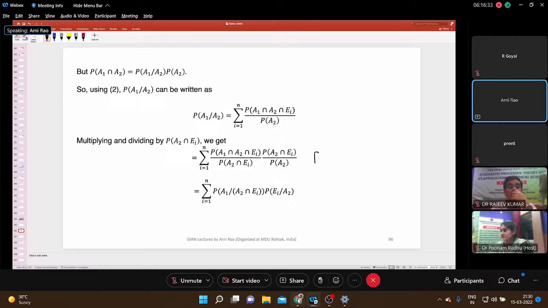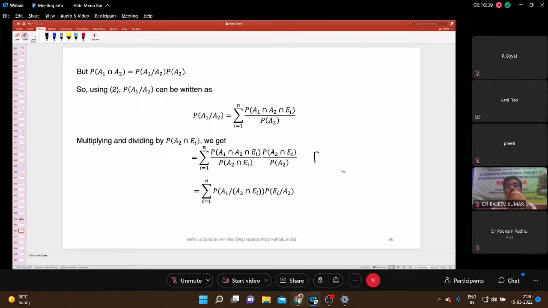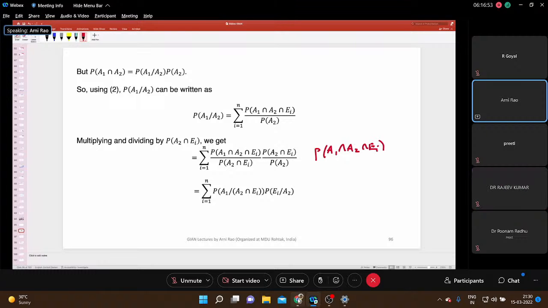Let me change the color. So probability of A1 intersection A2 intersection EI, if you consider these two together, is the probability of A1 given A2 intersection EI, multiplied by probability of A2 intersection EI.